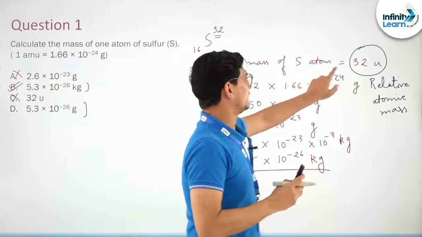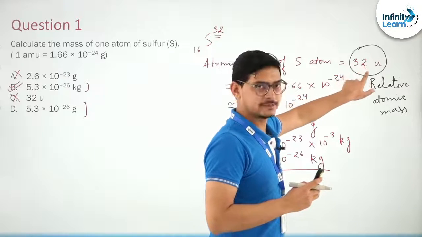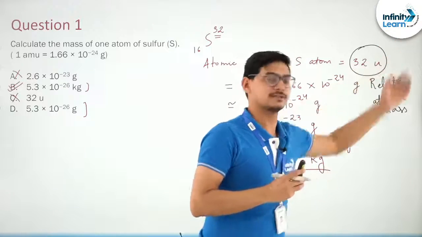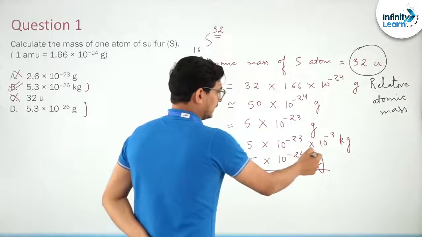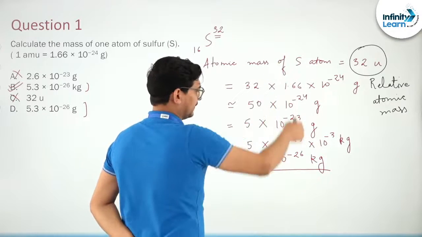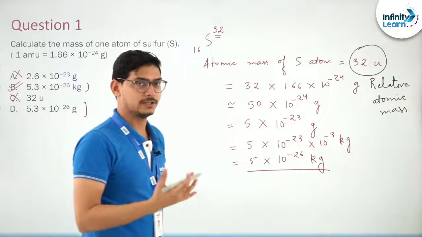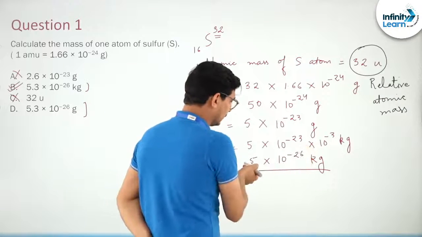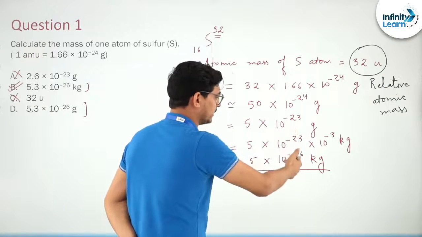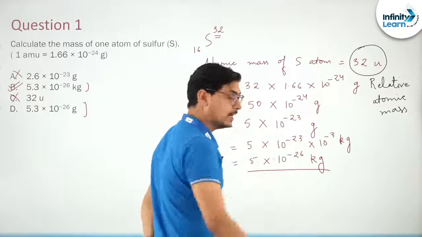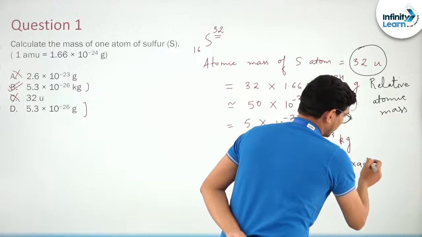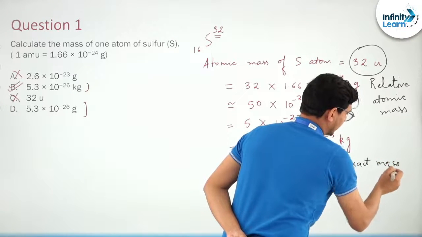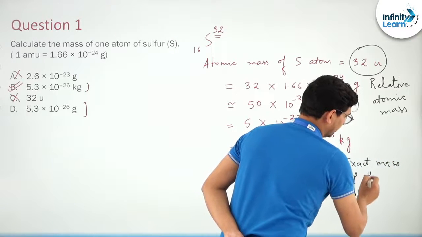Mass of one sulfur atom is 32 times the 1/12 of mass of carbon 12 atom. But when we express the mass of an atom in kilogram or in gram in this value, and when it looks like this, that's 5 into 10 raised to the power minus 26 kilogram, it is the exact mass of the atom.